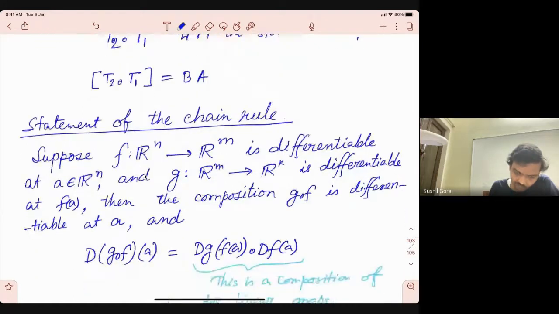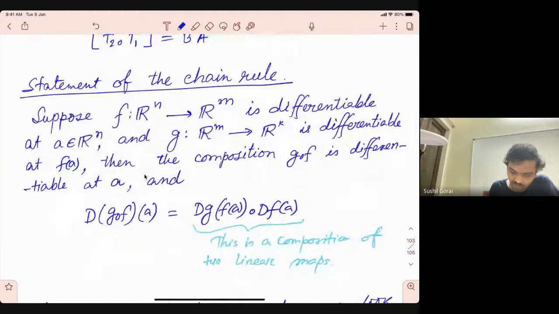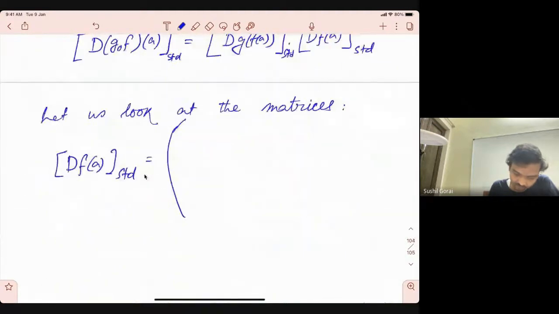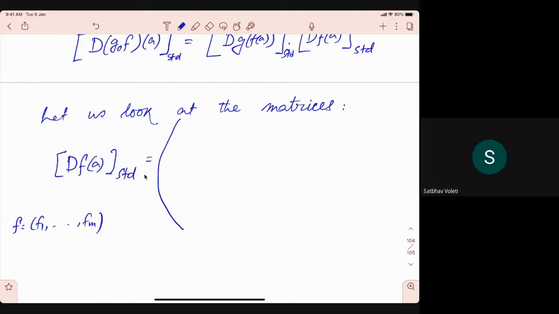See, from where to where? F is from Rn to Rm and G is from Rm to Rk. So F is F1, F2, ..., Fm. So what will be the matrix? Yeah, n columns, m rows, and del fi by del xj as the entries.